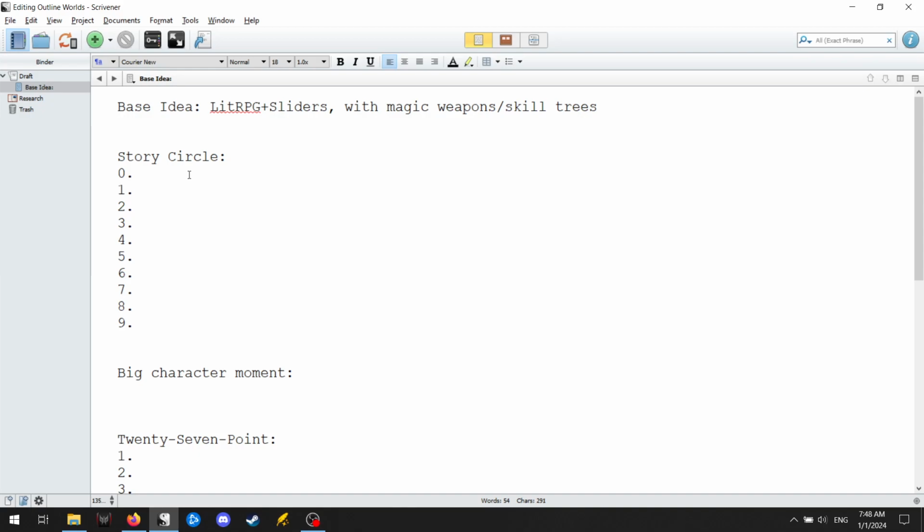Point 5 is your midway point. 7 is the start of your climax, and 8 is where the climax is over, the ending. 9, what I added, is your wrap up, like how do you leave the characters and the story. 0 and 9 are not as important.